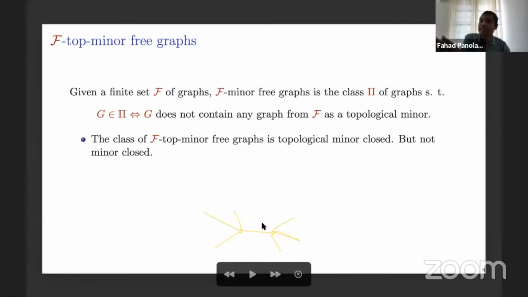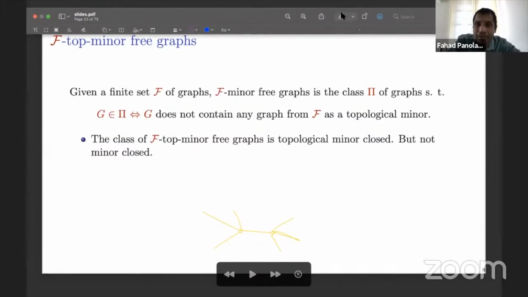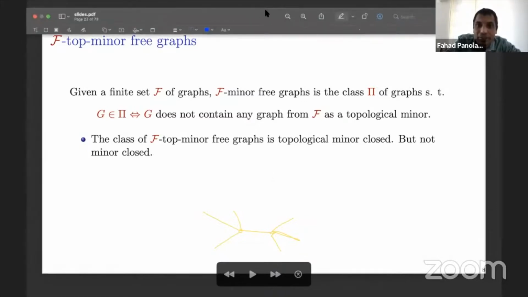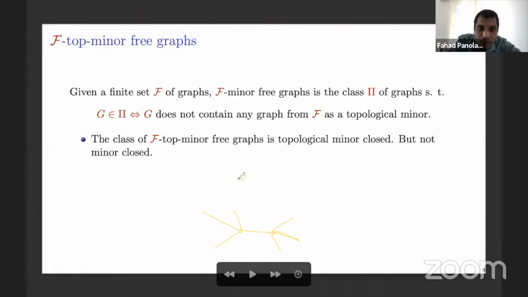By just contracting an edge, like the reason is the graphs of max degree D is F topological minor free, where F contains only one graph, which is K1,D+1.